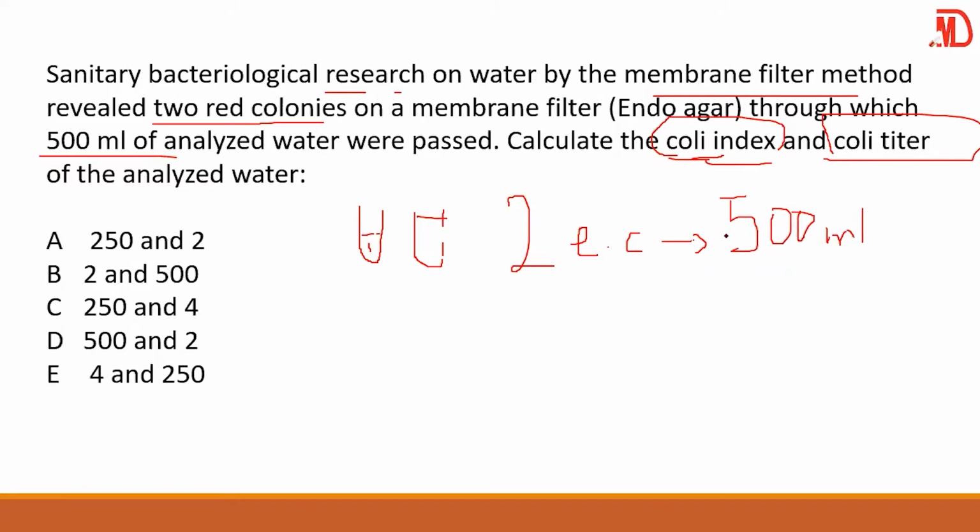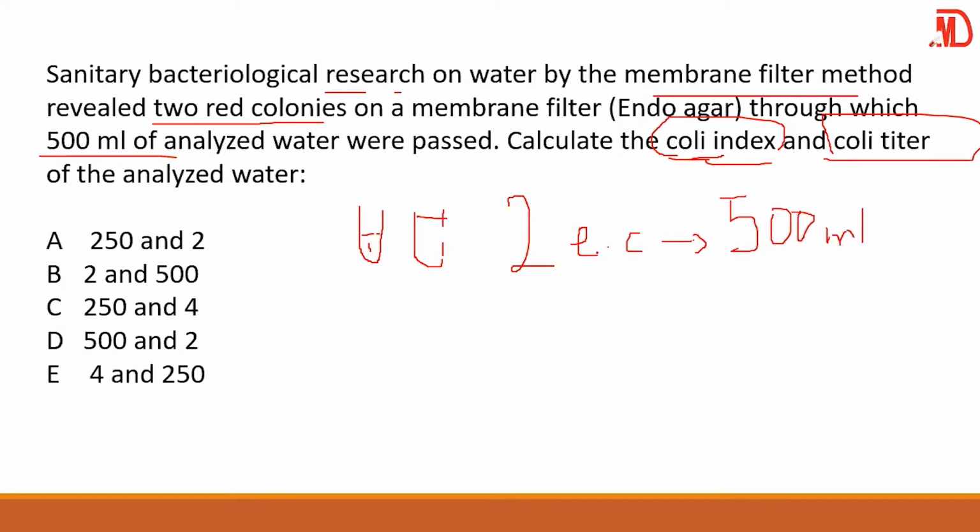But we are looking for 1 E. coli. Don't forget I said coli titer is 1 E. coli in the smallest volume of water.